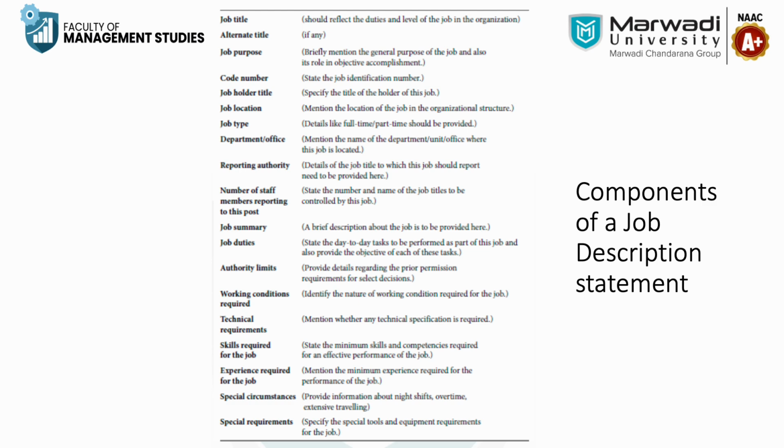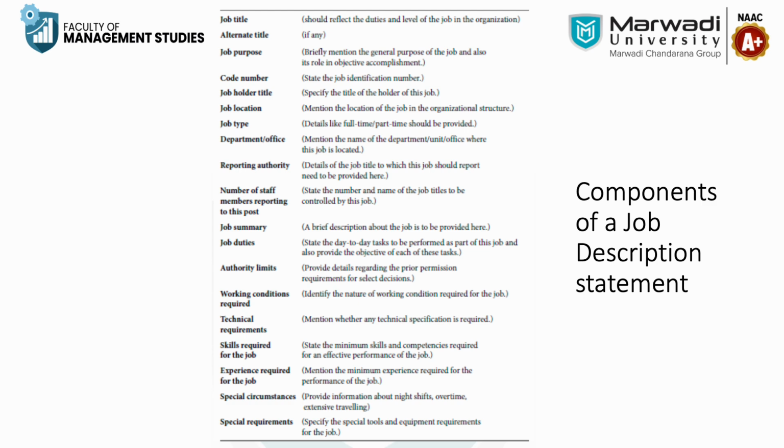So there can be a job title, an alternate title, a very clear purpose of the job, a code number, job holder's title, location, type, department, the reporting authority, and the number of staff members reporting.